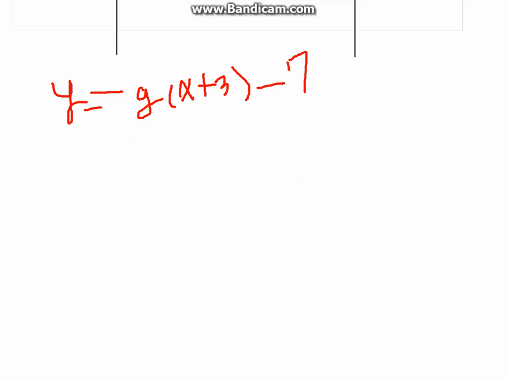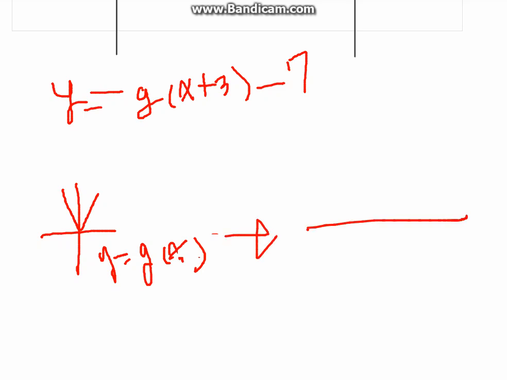If we use this and say this was a normal graph of y equals g(x), then how would this graph change?